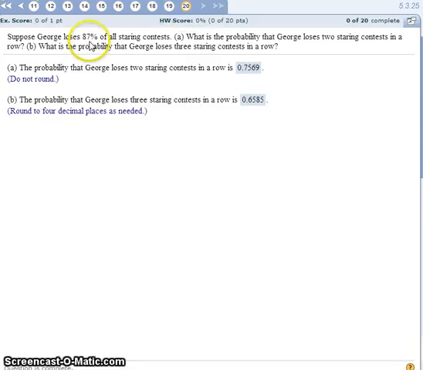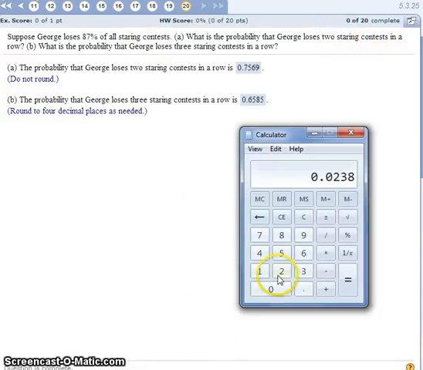And for 20, we're again looking at independent events. George loses 87% of all staring contests. So no matter what happened on the previous staring contest, the next time he'll still have an 87% chance of losing. So independent events. So what's the probability that George loses 2 staring contests in a row? Since the events are independent, you just take the chances of losing the first contest and multiply by the chances of losing the second.